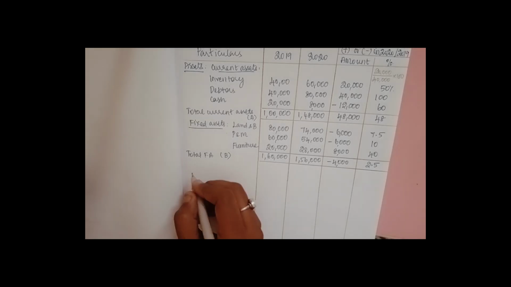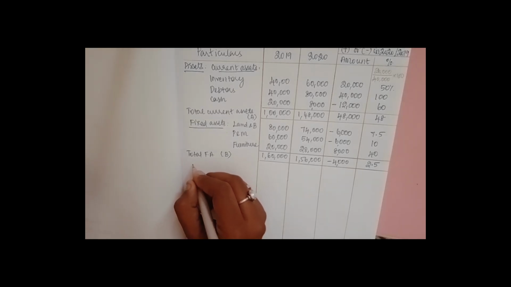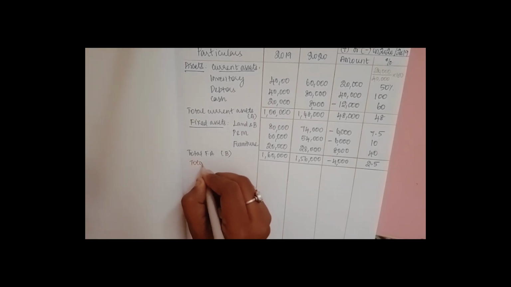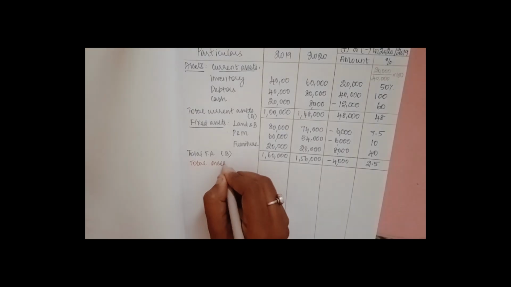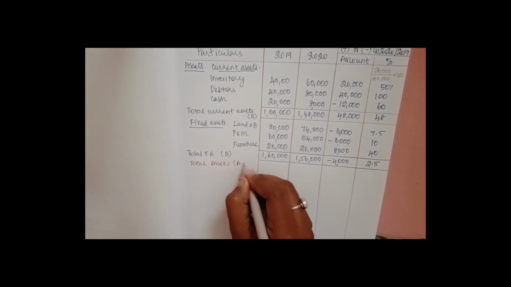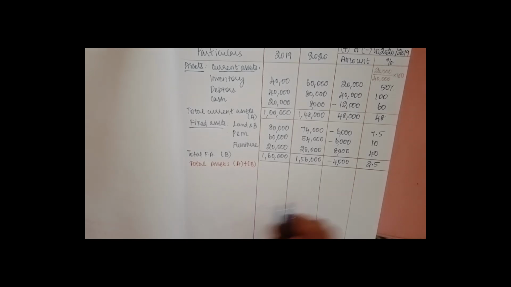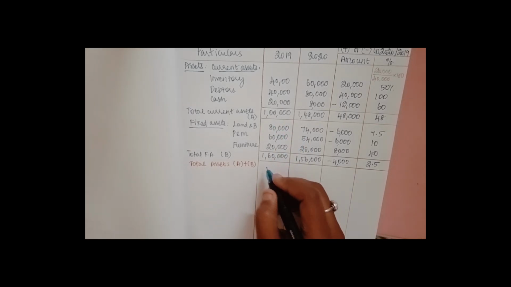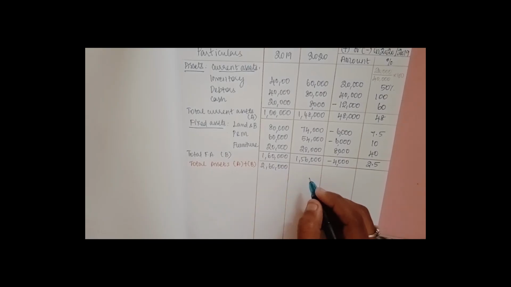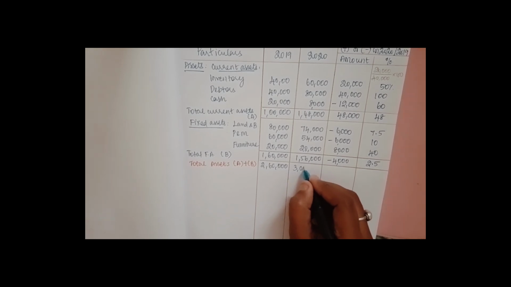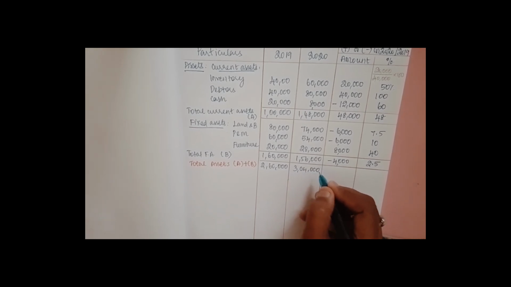After this, let's sum up the total assets, that is A plus B. Clear? So 1 lakh plus 1,60,000 is 2,60,000, and 1,48,000 plus 1,56,000 is 3,04,000.